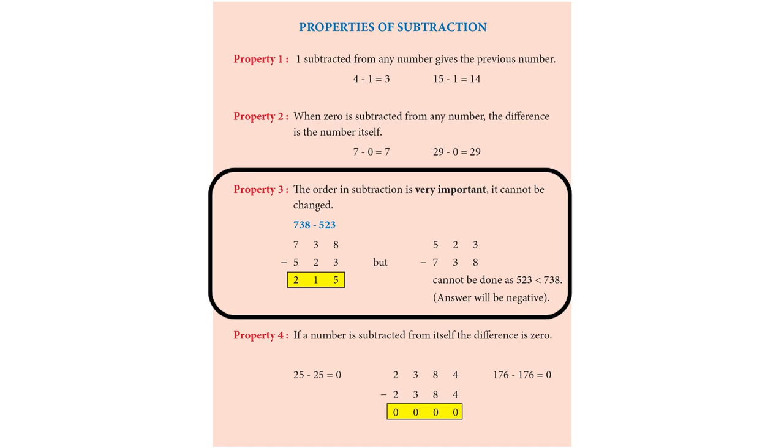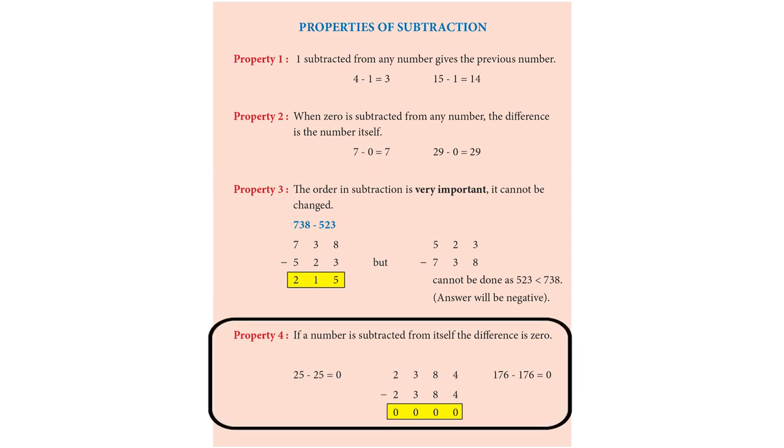So always remember, there is only one way of doing the subtraction. The bigger number should always be on top, that should be the minuend, and the smaller number should be the subtrahend. Never forget that, okay? Property 4.